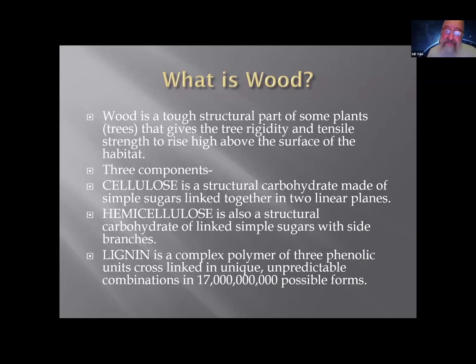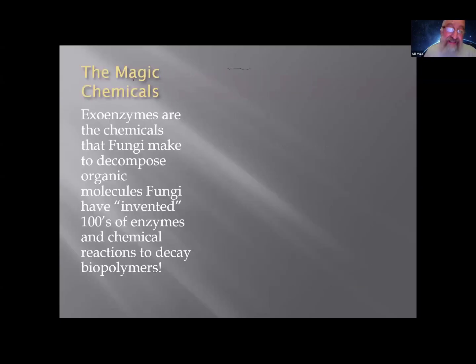It's still lignin, but it's just a different form of lignin. And that's why lignin is so difficult to decompose, and only fungi can decompose lignin. All right, so that's a little bit about wood.